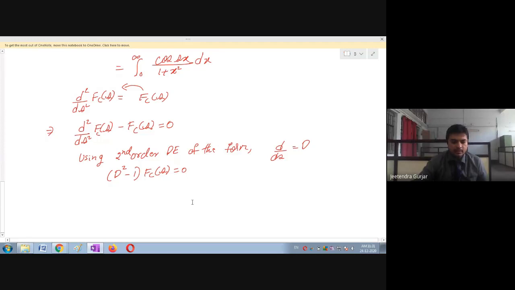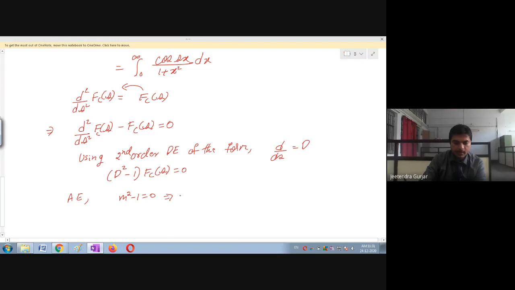Now you can see this, friends. Can you remember how we can solve this? By using the auxiliary equation, we can solve this. What will it say? D will become m. So therefore, in the auxiliary equation, m square minus 1 is equal to 0. Because we want to find the solution, we go with the auxiliary equation m square minus 1 is equal to 0.